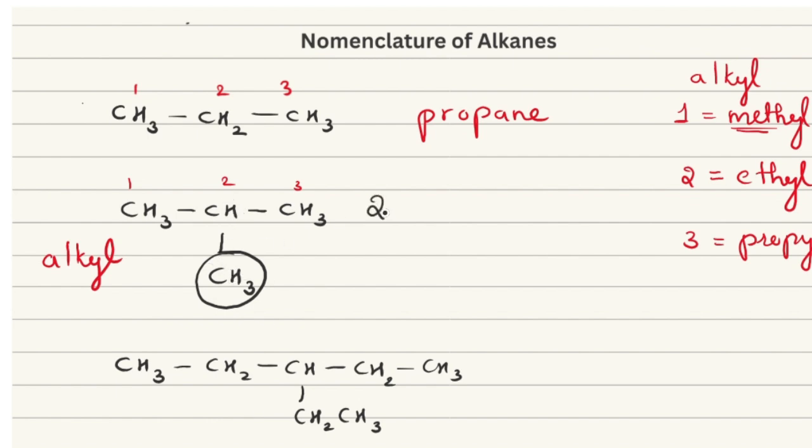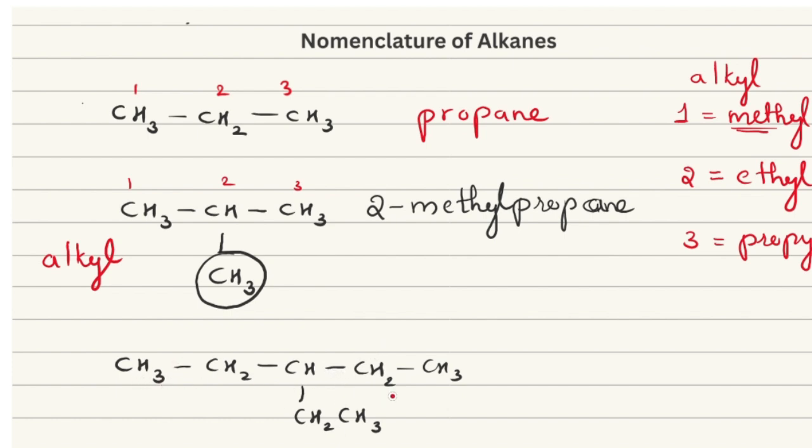Therefore, 2. Between a number and a letter, we always use a hyphen. So 2-methyl. And in the longest chain, there are 3 carbons. Therefore, propane. Generally, there is no space between methyl and propane. So this is the complete name of the molecule.